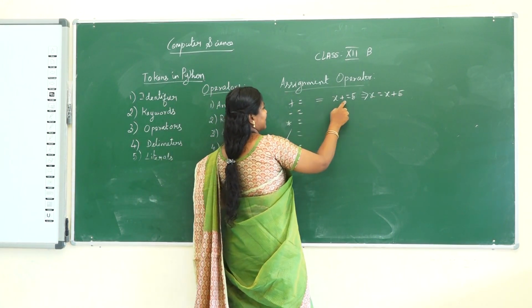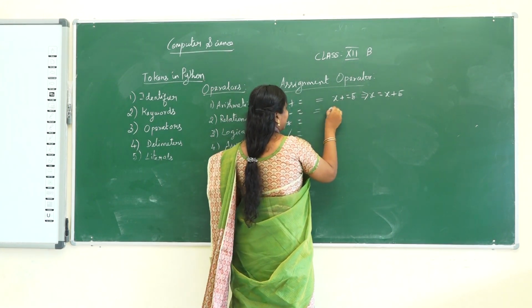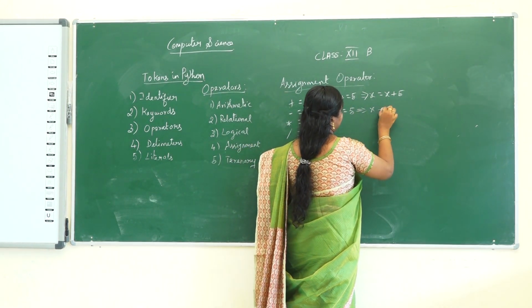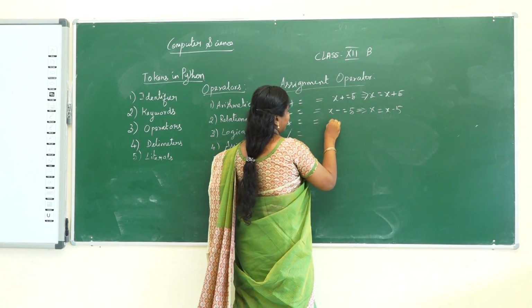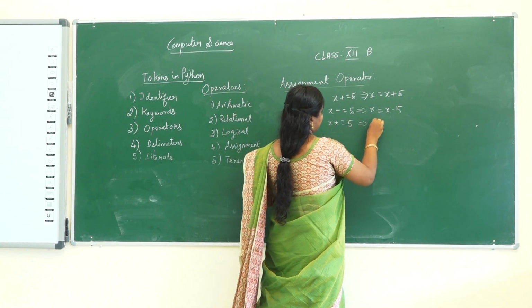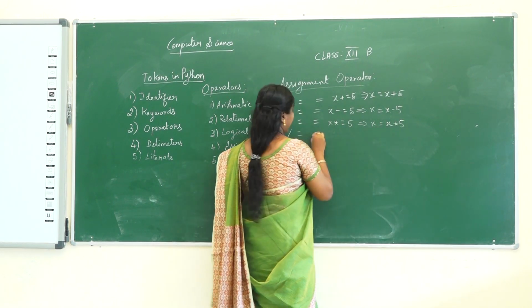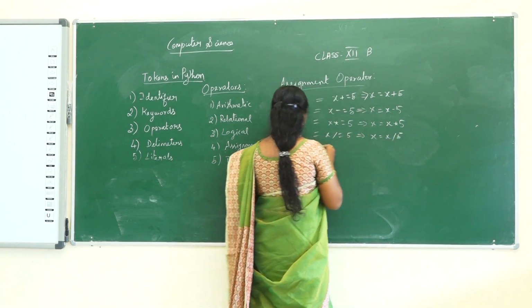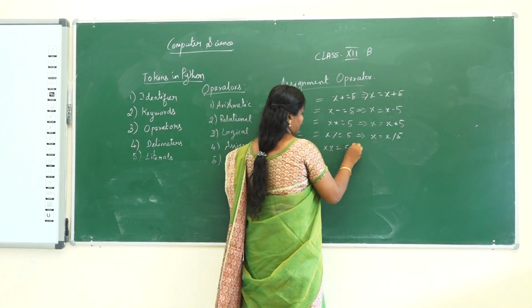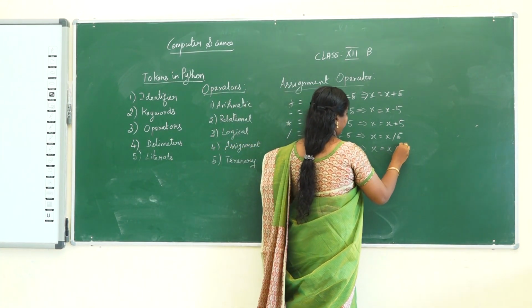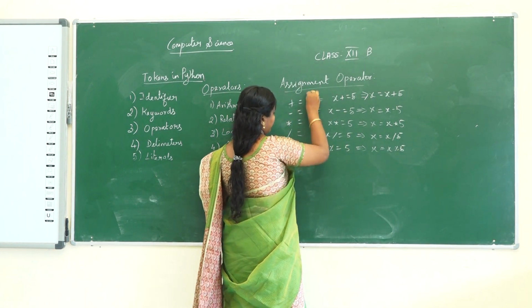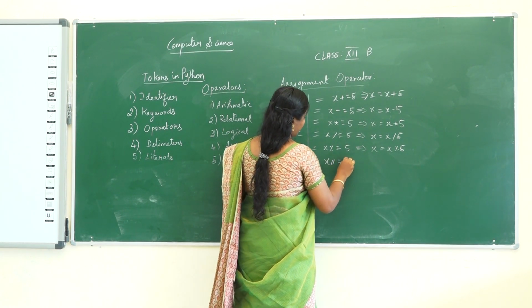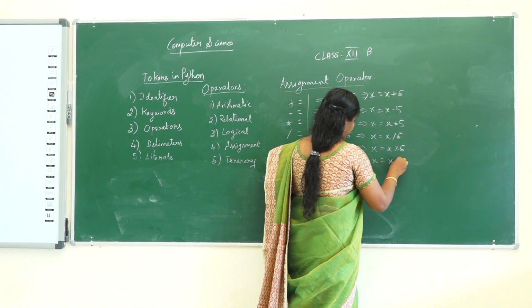Similarly, x minus equal to 5 means x is equal to x minus 5, and the same thing for all operators: x star equal to 5 means x is equal to x star 5, x slash equal to 5 means x is equal to x slash 5, for the modulo symbol x is equal to x modulo 5, and for floor division, x double slash equal to 5 implies x is equal to x double slash 5.